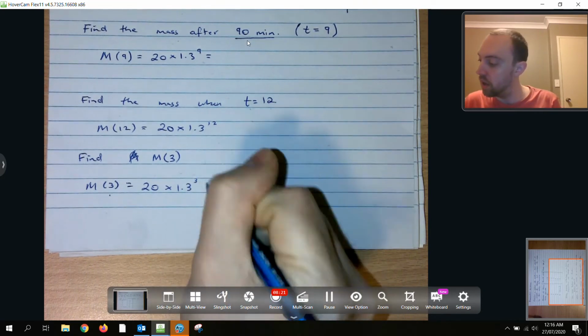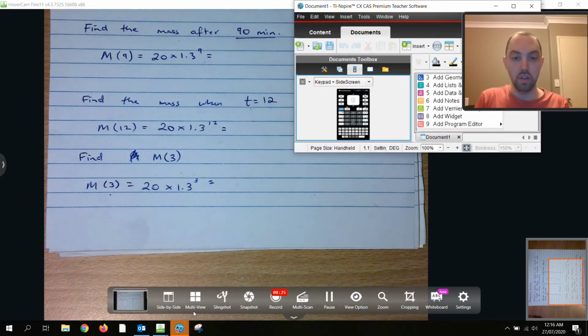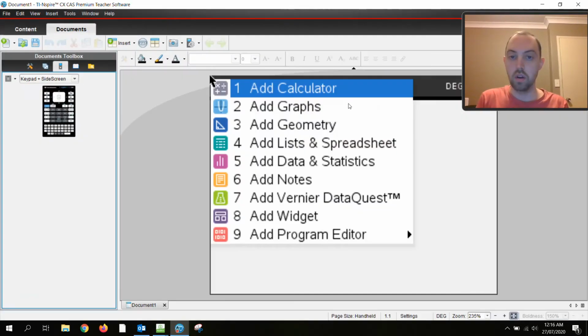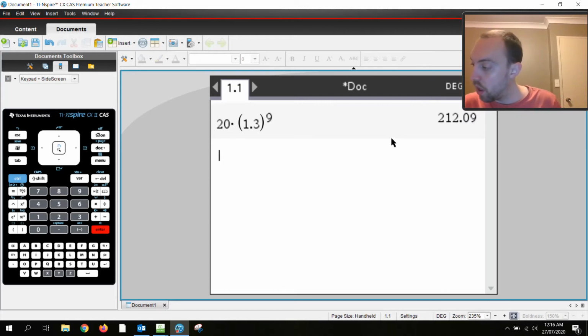And now that the calculator is loaded, hopefully we will get some numbers for us. We've got 20 times 1.3 to the power of 9. We've got 20 times 1.3 to the power of 12.